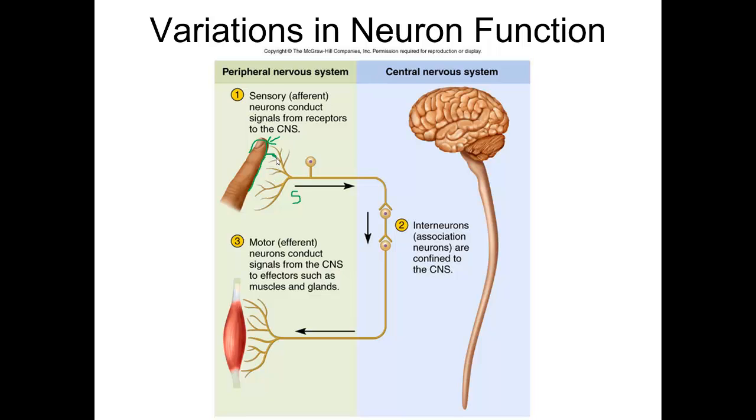The signal via an action potential got transmitted by this unipolar neuron. Why is this neuron unipolar? Because here's the cell body. It's got one projection coming out of it.